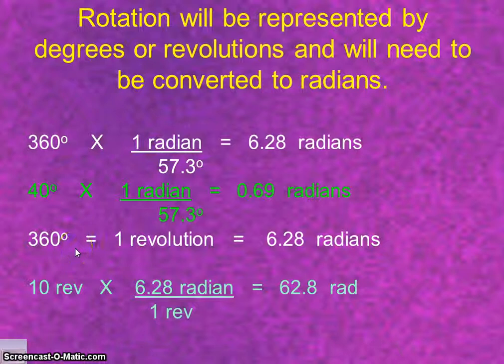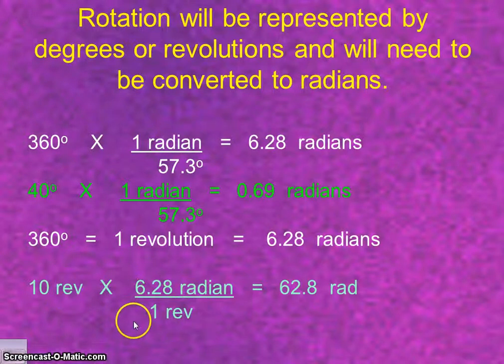Okay, so back to 360 degrees. It's 1 revolution. It's equal to 6.28 radians. Let's say you have 10 revolutions. We now have another ratio that we can use. It's 6.28 radians divided by 1 revolution. They are equal, so this whole ratio is equal to 1.